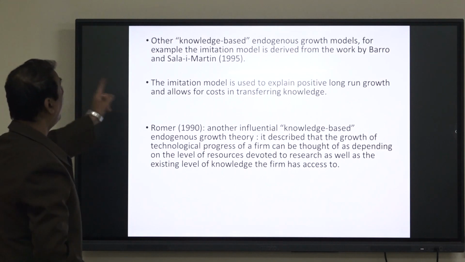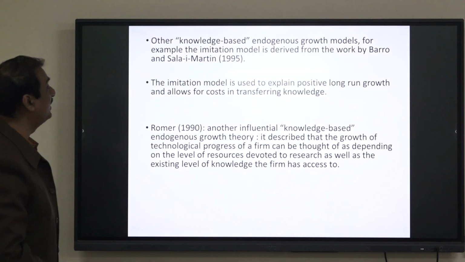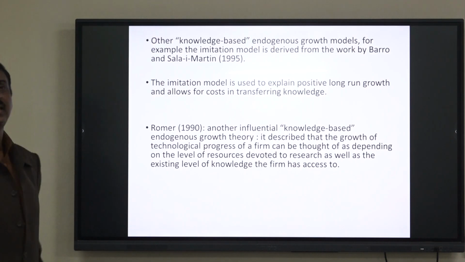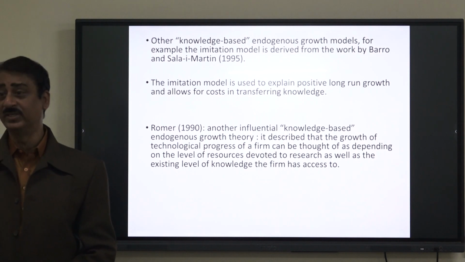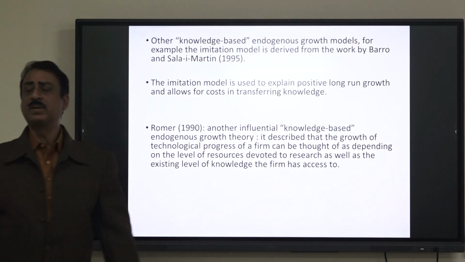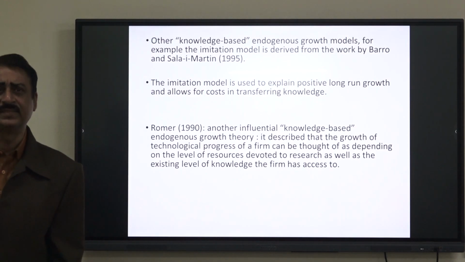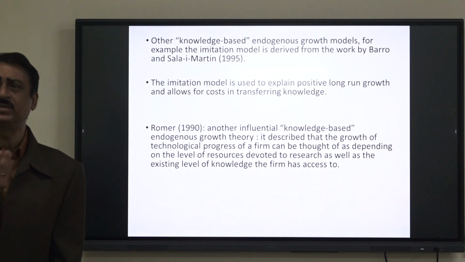The other knowledge-based endogenous growth models, for example, the imitation model, are derived from the work of Barro and Sala-i-Martin. The first paper which appeared in the World Bank Economic Review, by Barro and Grossman, sometime in 1976, asked what the major determinants of economic growth and total factor productivity growth are.